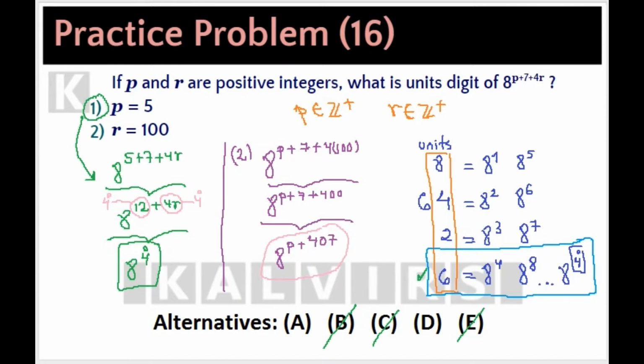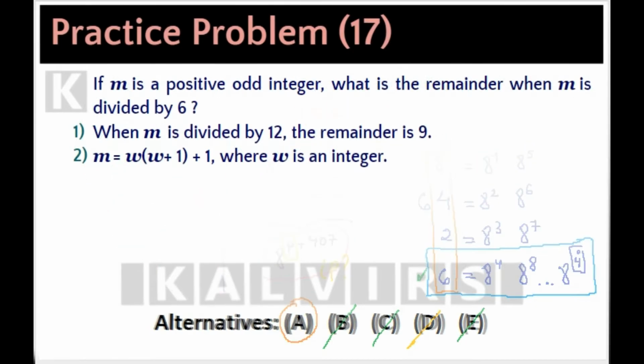Since we don't know the value of p, we don't know in which row this power is going to lie. So the unit digit of this power can be either 8, 4, 2, or 6. Everything depends on the value of p, but we don't know the value of p. Therefore, statement 2 alone is not sufficient. Alternative D is eliminated. Choice A is correct.